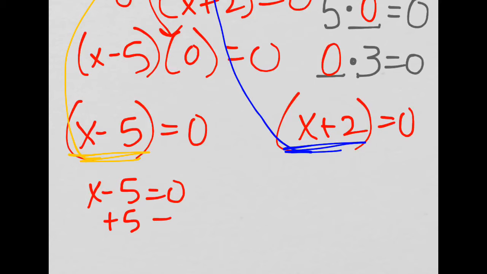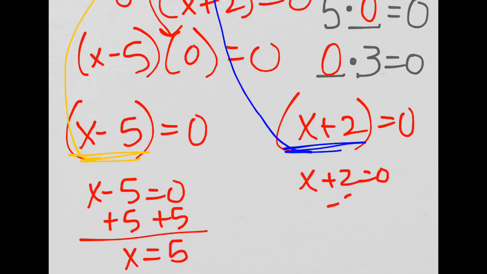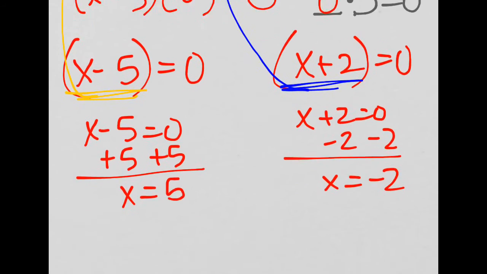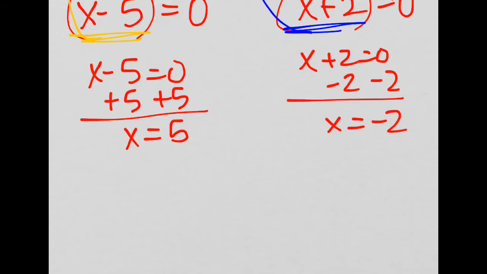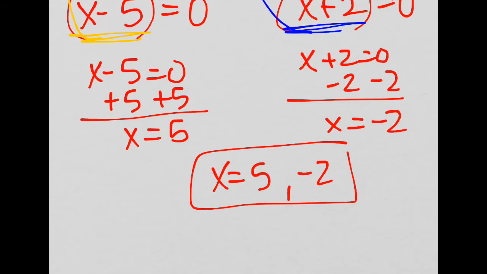That means I have to add 5 to both sides. So x is going to equal 5. Over here, I'm going to say x plus 2 equals 0, and I'd have to subtract 2 from both sides, and I could solve to say that x equals negative 2. So I'm going to say that my answer is x equals 5 and x equals negative 2, but we still have to check it.